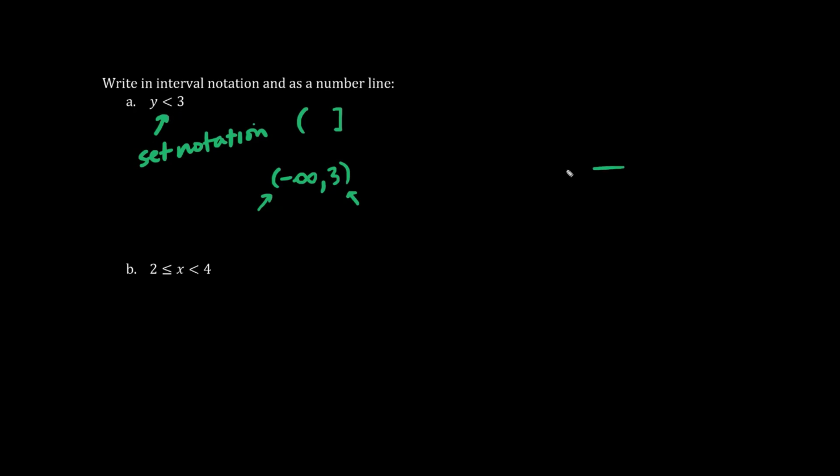As a number line, y is less than 3. This is 0, -1, -2, -3 to the left, 1, 2, 3 to the right, and we place a hollow circle here because we're not actually including 3. And we're going to shade in the numbers towards the left.